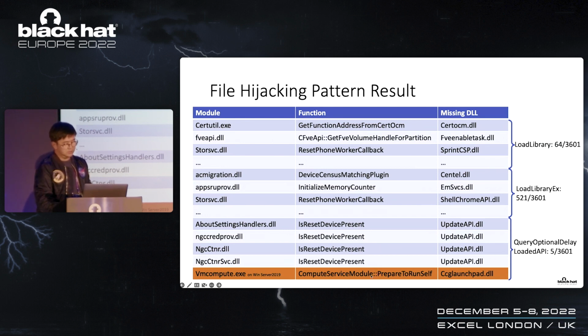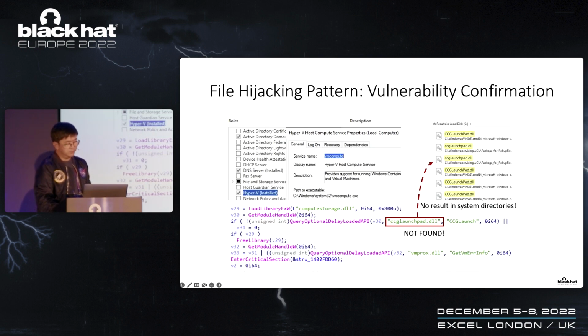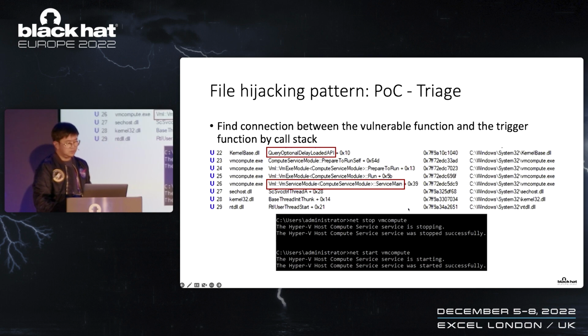Pay attention to the last one, which is very interesting. It is related to the Hyper-V host compute service and named vmcompute, and the vulnerable function actually calls the QueryOptionalDelayLoaded API to load a CCGLaunchPad.dll, which cannot be found in the system directories. To find the trigger, we traverse all call paths statically and find an interesting call stack.